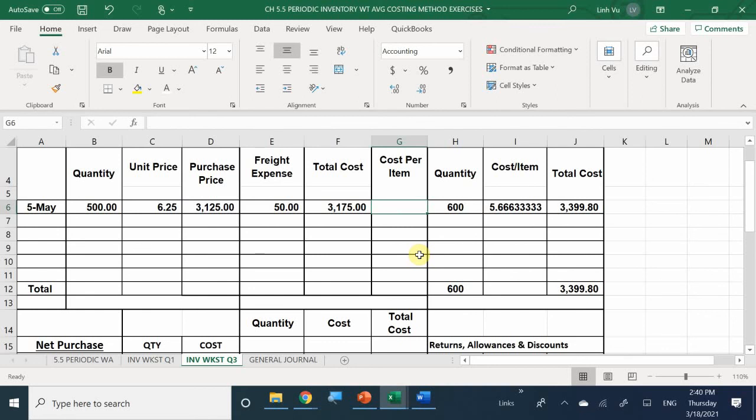That will definitely affect my cost per item for my first purchase. So in this type of context, I can't solve for it because this isn't the only batch I have. I have a beginning batch. So this cost per item, I don't need to solve for because it will change. It doesn't matter. Okay? But for practice purposes only, if you want to add it in there, be my guest.